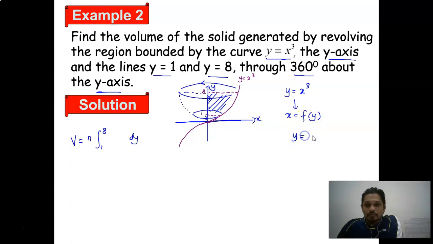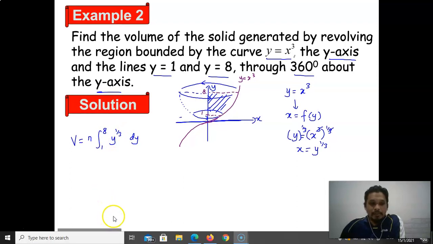Now, y equals x cubed, multiplied by 1 over 3 left and right, so 3 times 1 over 3, then x equals y to the power of 1 over 3. So x here is y to the power of 1 over 3.